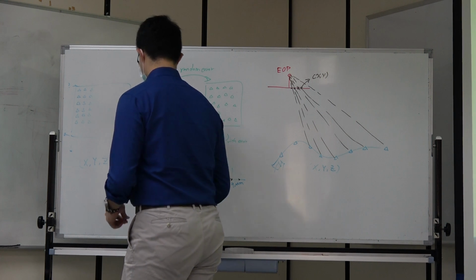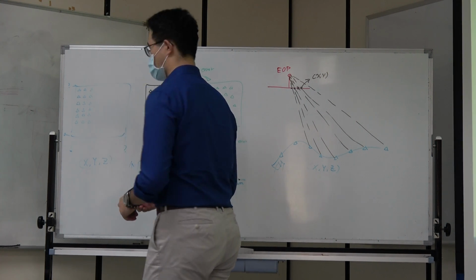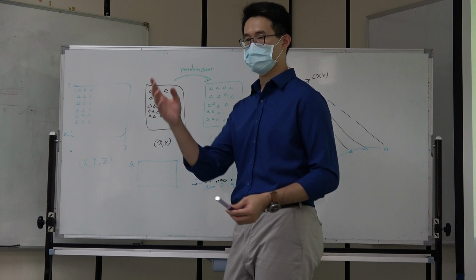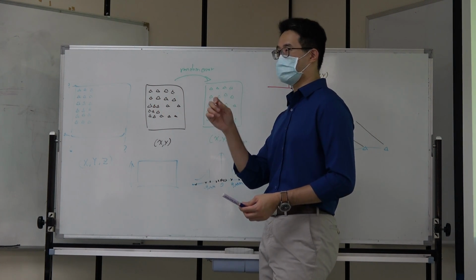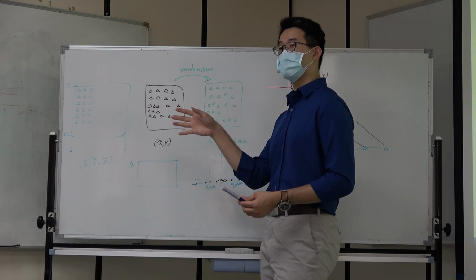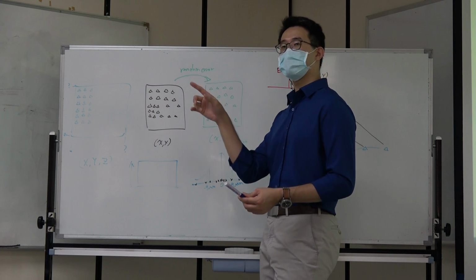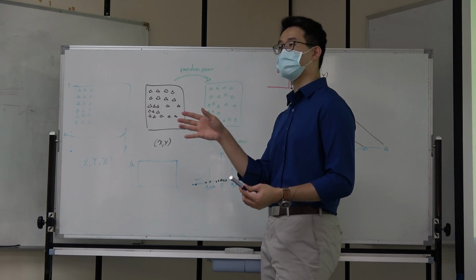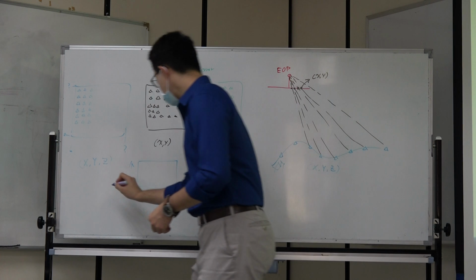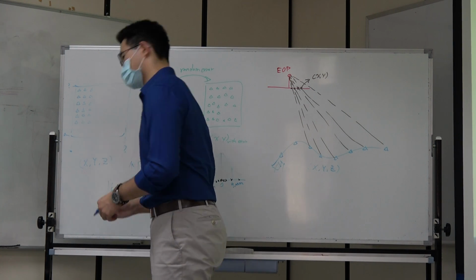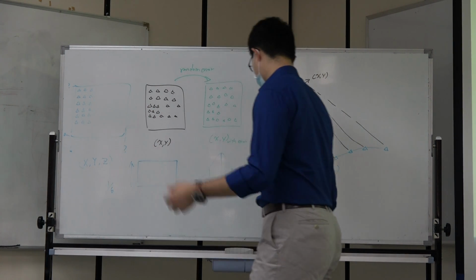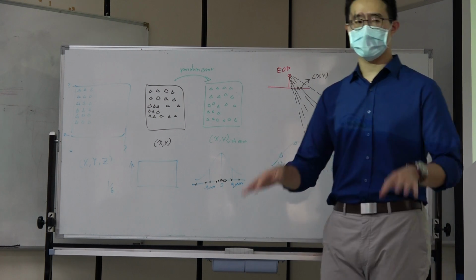For example, it's like when you roll a dice. When you get 1, 2, 3, 4, 5, 6, each of them has a 1/6 chance to get a different number. So that's the uniform distribution.